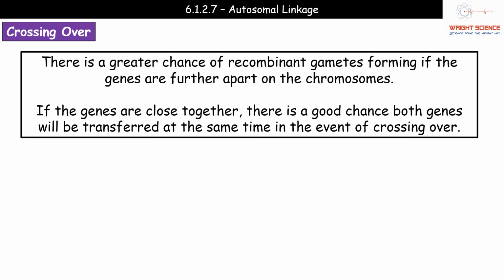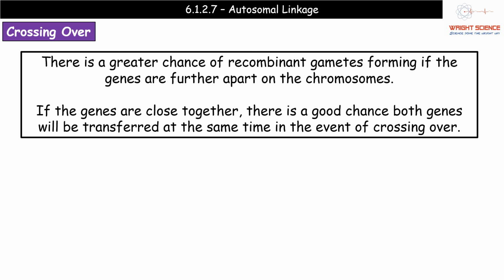One last point that we should really just make before we leave this topic is that when we're thinking about the likelihood of recombinant gametes forming, we need to think about the position of those individual gene loci on the chromosome. Because if we're thinking about two loci that are far apart on the chromosome, opposite ends for example, then what we have is a much greater chance of recombinant gametes forming.